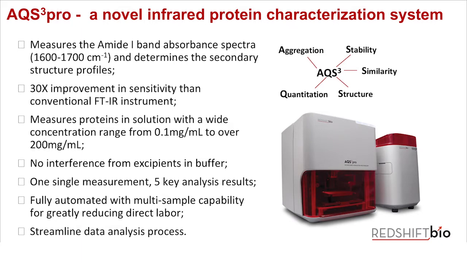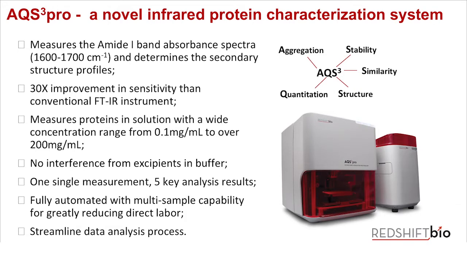On this slide, I give a very quick summary of some features and capabilities of AQS²pro. AQS²pro measures the amide I band absorbance spectrum from 1600 to 1700 wavenumbers and determines the secondary structure of proteins. It has 30 times improvement in sensitivity over conventional FTIR instruments. AQS²pro measures protein in solution over a wide concentration range, from 0.1 mg/ml to over 200 mg/ml.